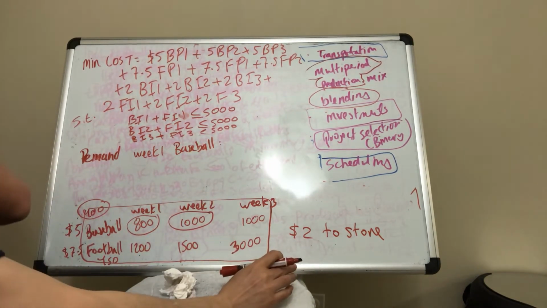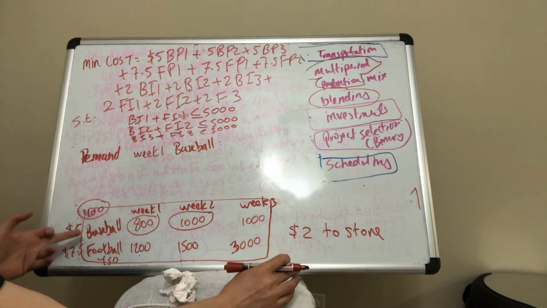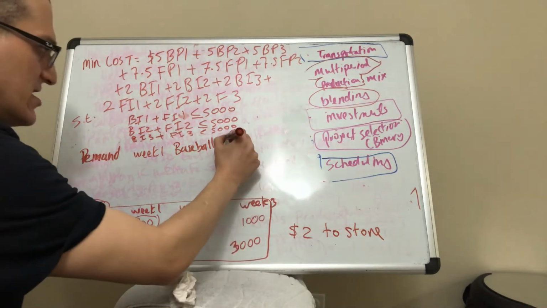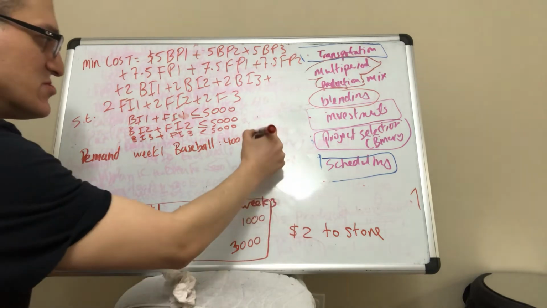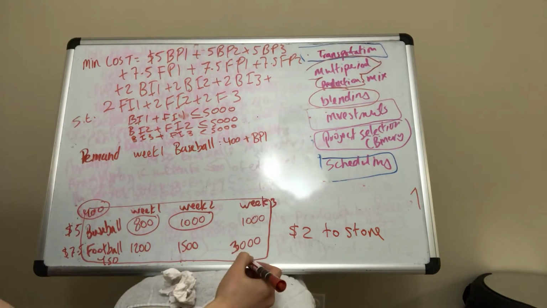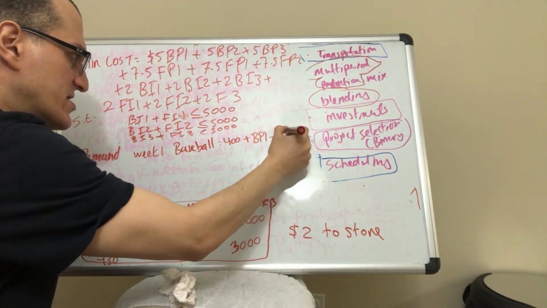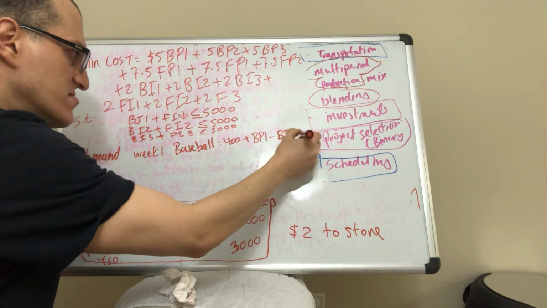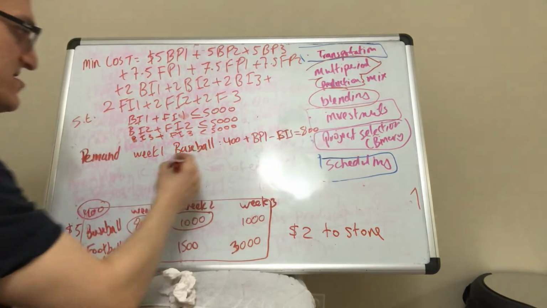They tell you that in week 1 for baseball, you currently have 400. So you say, it's 400. I can produce some baseballs, and minus, I can store some of whatever I produced, but this should meet the demand of 800. This is for week 1.